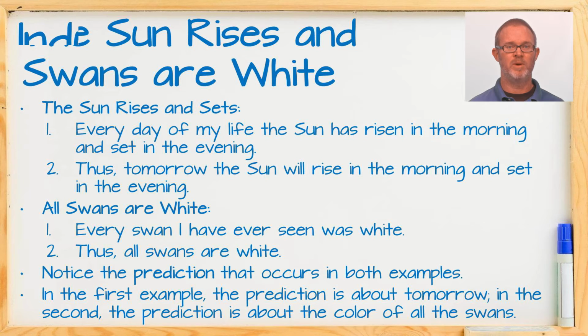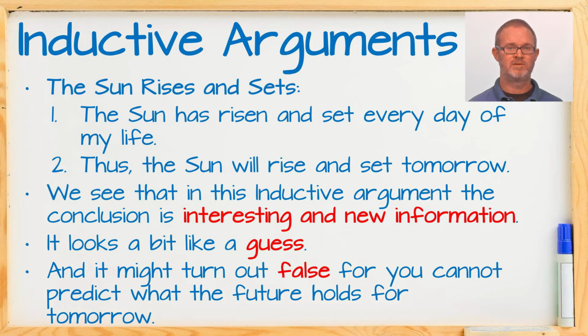The next point we'll make is about inductive arguments, and we can see that point with the sun rises and sets example again. Our example says that the sun has risen and set every day of my life, and so therefore the sun will rise and set tomorrow. In this case, you'll see that the conclusion, being a kind of prediction about tomorrow, happens to be rather interesting information.